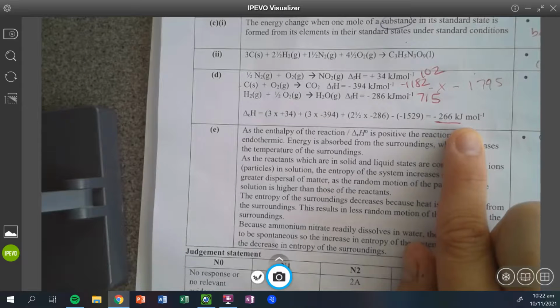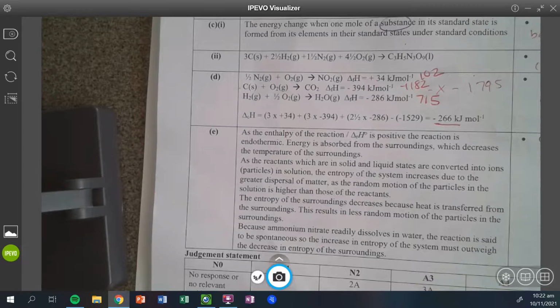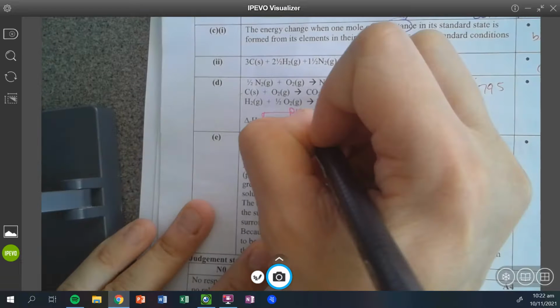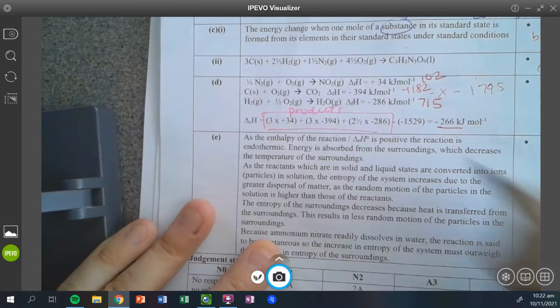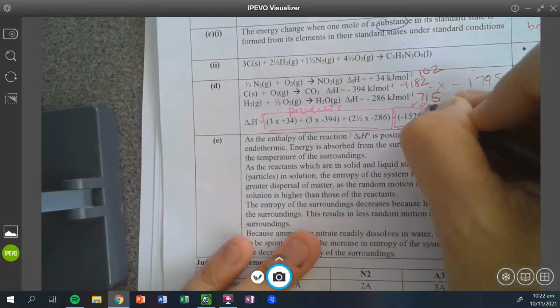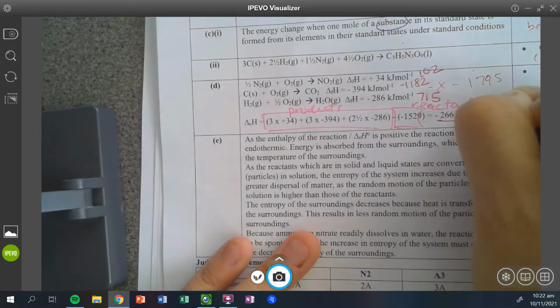Does that make sense? You guys haven't seen this style of question before. For some reason, I thought we were meant to minus them. No. You have to think about it in groupings. You think about this section here. This is your products, and that's the energy released when you make the new bonds, and then you subtract away the reactants because that's the energy that you need to break all those bonds.